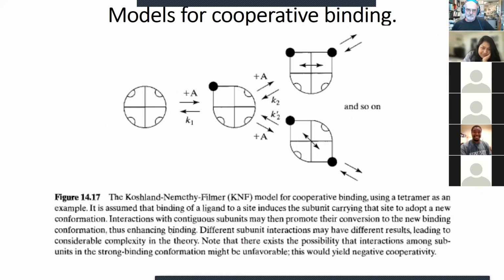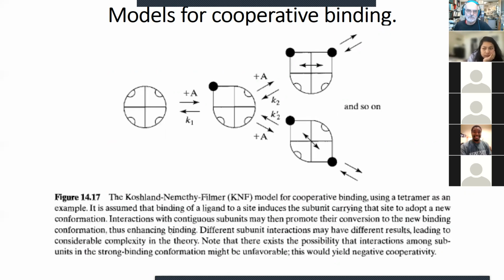I'll say more about this probably next week. Around the same time, actually a few years earlier, Koshland, Nemethy, and Filmer had a different model, now called the KNF model, or the sequential model.